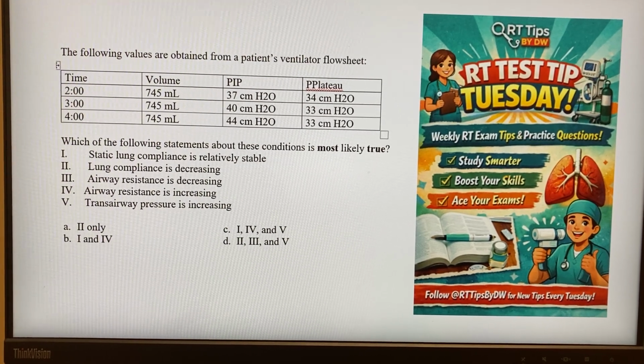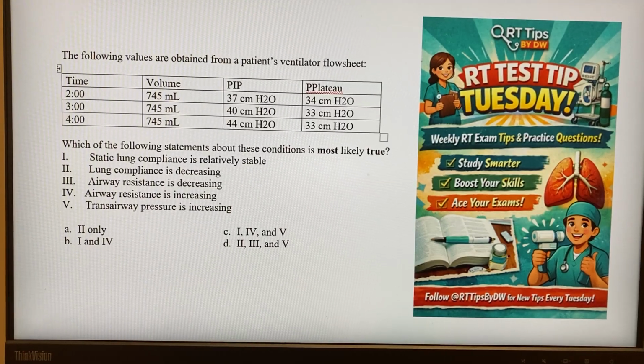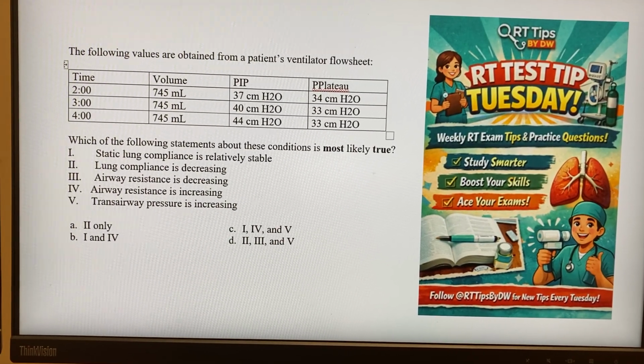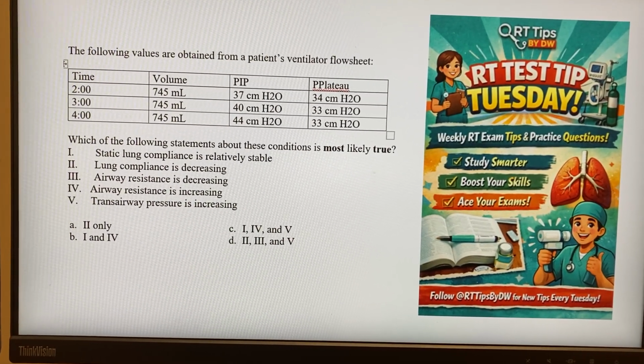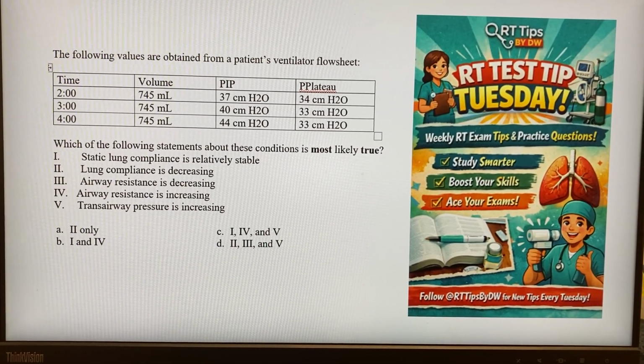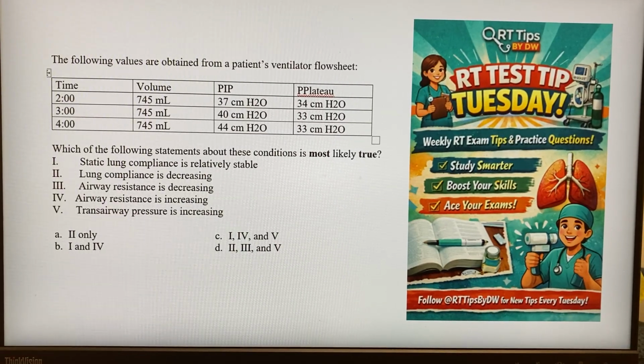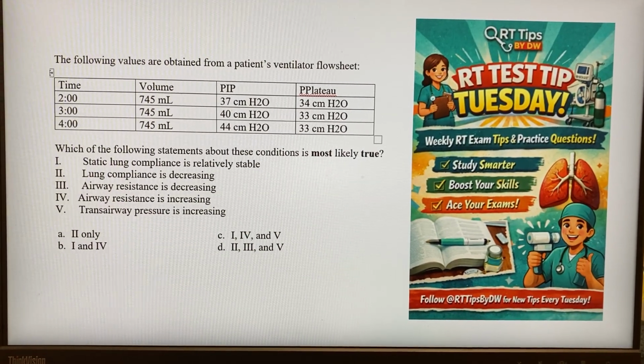And in both cases, we tend to look at compliance and resistance. So we've got to have an appreciation for compliance and resistance: disorders that are going to have an impact on your compliance, and disorders that are going to have an impact on airway resistance. You've got to be able to fall back upon all of that prior knowledge when looking at this particular question.